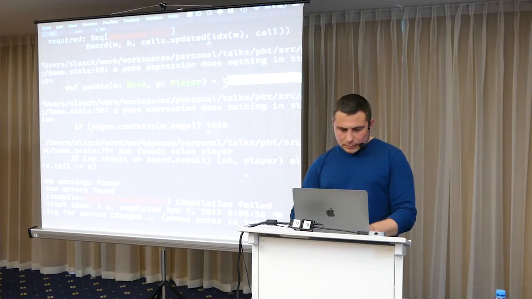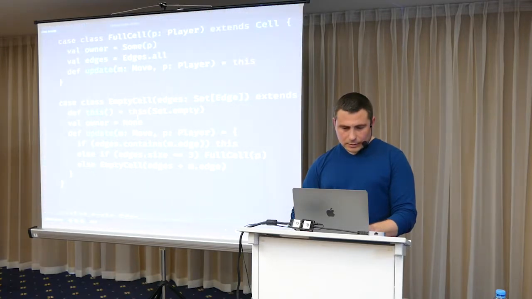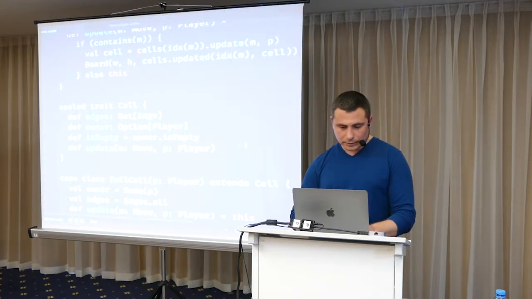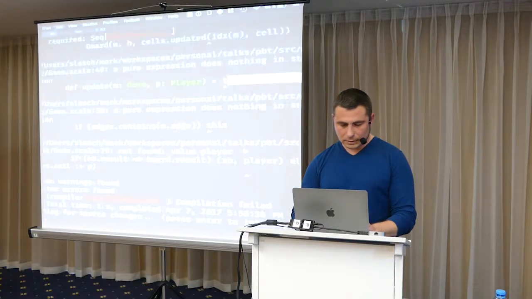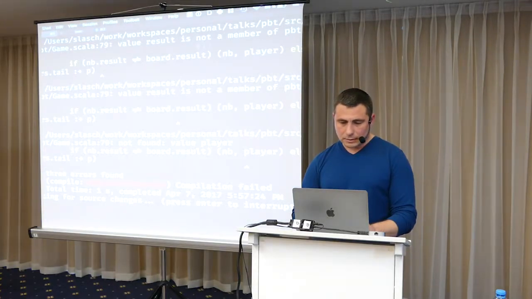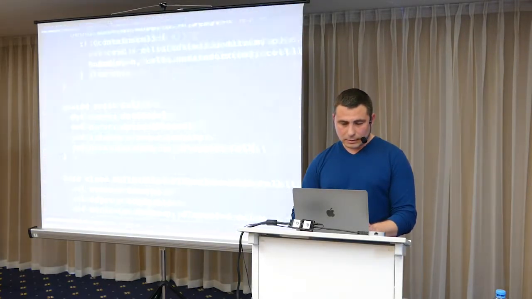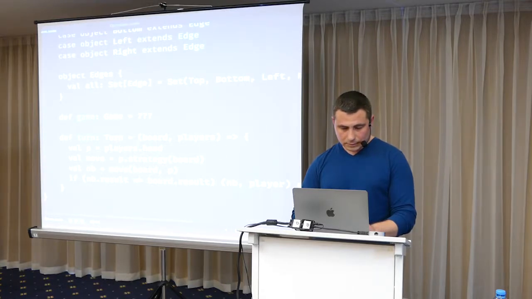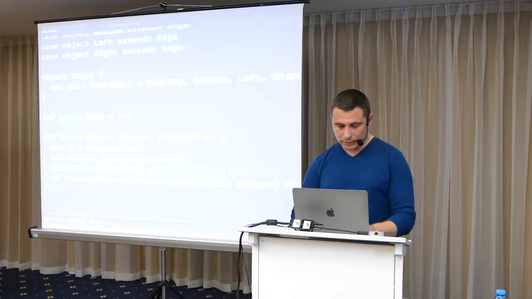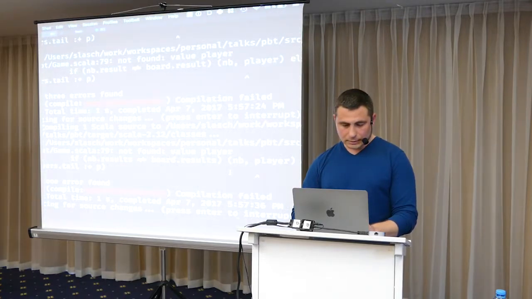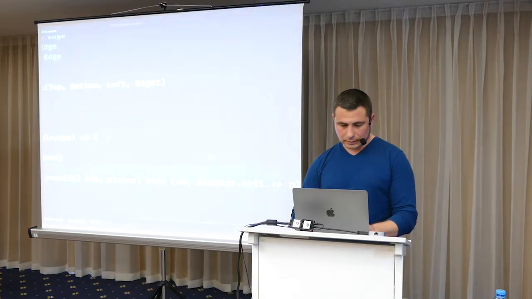There's nothing in this warning. Let's walk over it once again. So if you want to update something, we need to define a type here. It returns itself. And we have typos here. If new board results doesn't equal old board results. What else? And found very player. Players. Yeah, players.